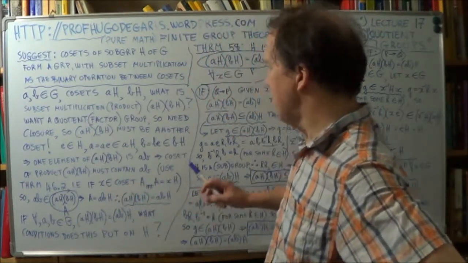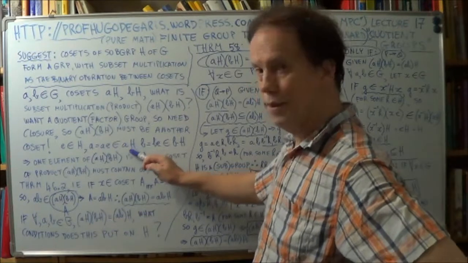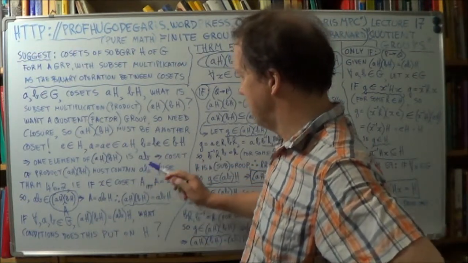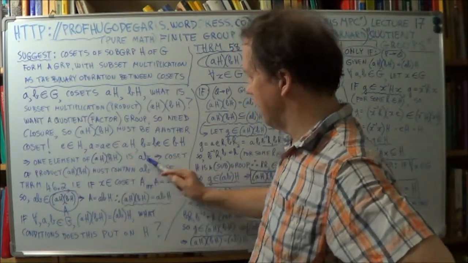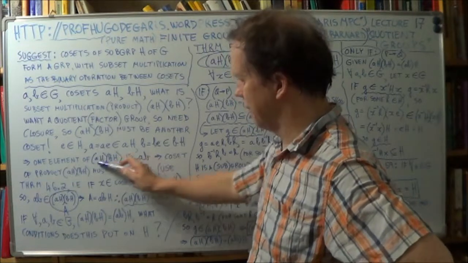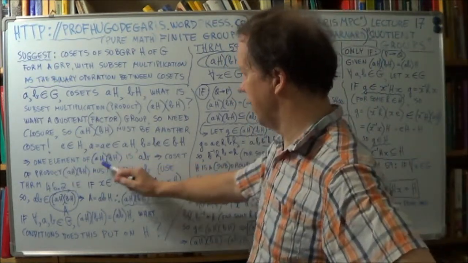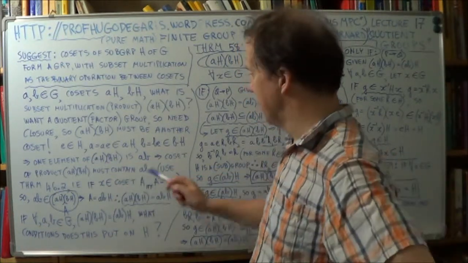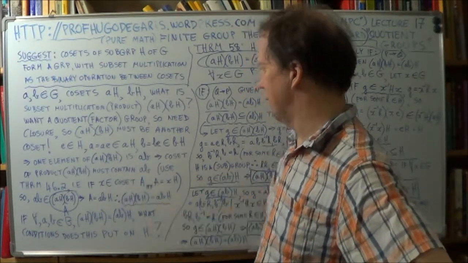So if A belongs to this coset, and B belongs to this coset, then the product AB is a member of this because it's in the right form, right? Because A belongs to that, and B belongs to that coset. So AB belongs to this.